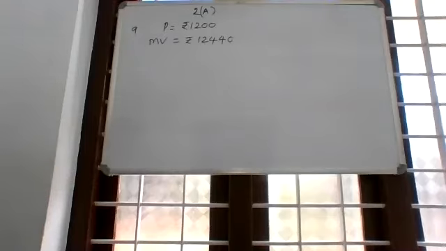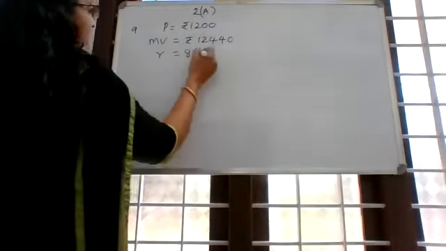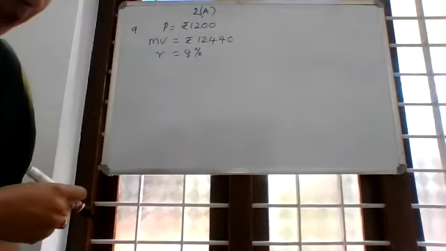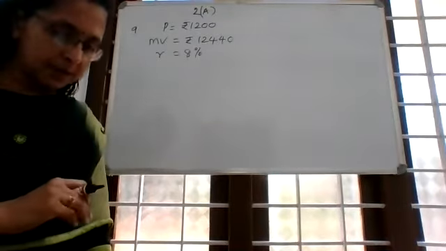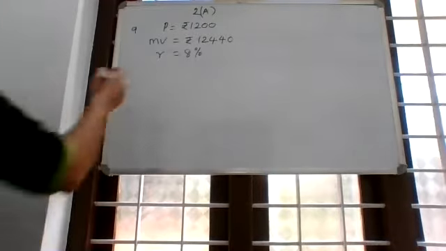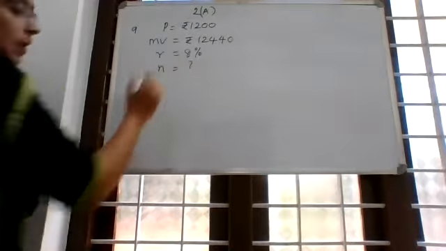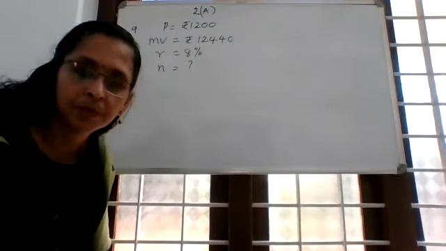R is equal to 8%. The interest is calculated at the end of every month, and we find the time of the recurring deposit account. So N is equal to question mark. N we want to find out. So same formula we can use.